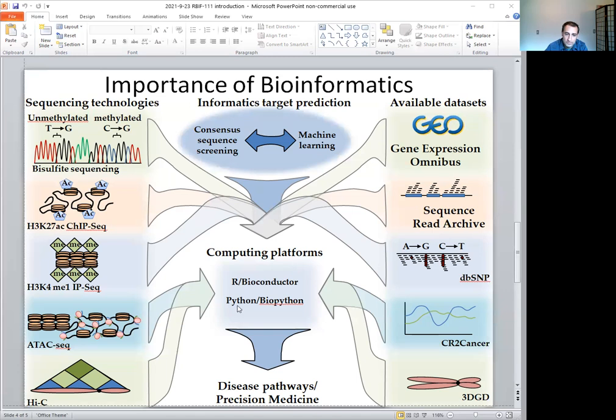We use some Bioconductor libraries and BioPython libraries to be able to elucidate disease mechanisms or pathways, and then ultimately utilize that for things like translational applications, that is translating information from the bedside to the clinical setting, or it could be precision medicine itself.